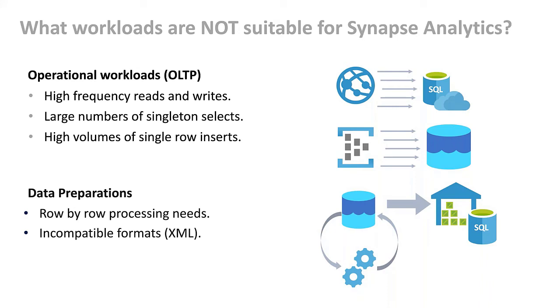One of the reasons for that is that Synapse Analytics relies heavily on a feature of SQL Server called column store indexes, which themselves are not well suited for reading a single row. Likewise, high volumes of single row inserts are not an efficient pattern for that paradigm. And then data preparation, things that have row by row processing or incompatible formats like XML. Row by row processing isn't a great model for databases in general, but it's especially not for a massively parallel system.